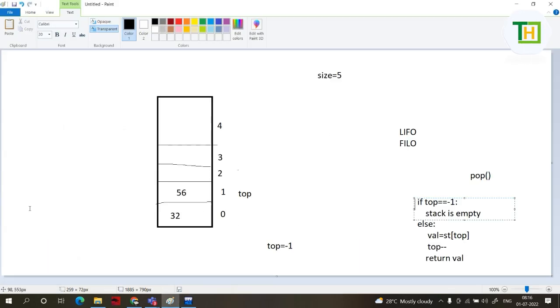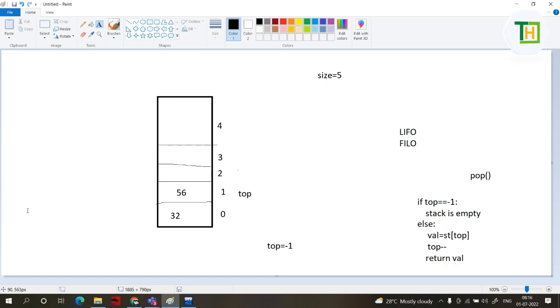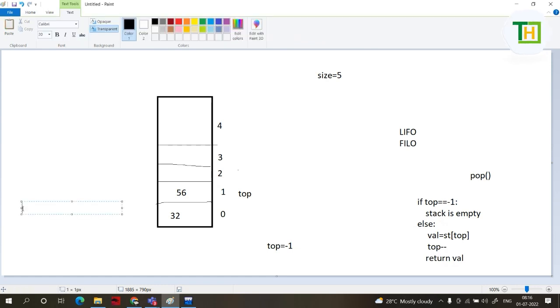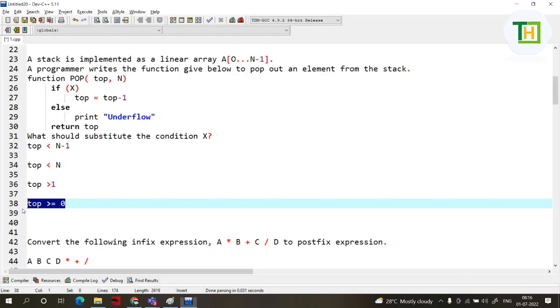For example, top is at -1. Is -1 greater than or equal to 0? No, right? If the top is at 2, is 2 greater than or equal to 0? Yes, definitely. Then we can go for this option. This is going to be the answer here: top is greater than or equal to 0.